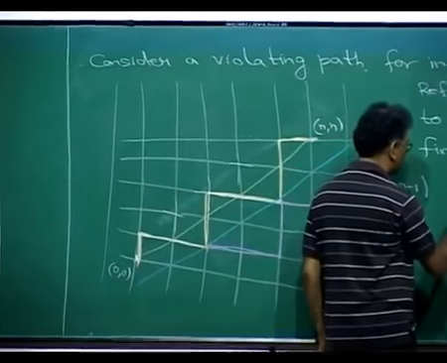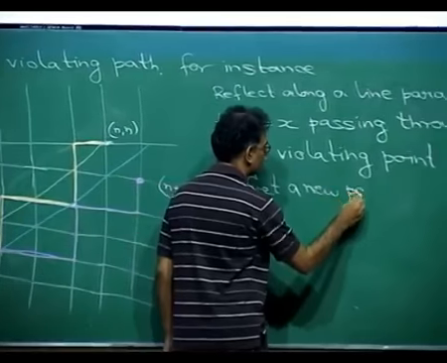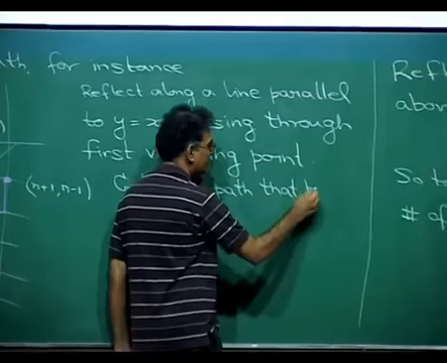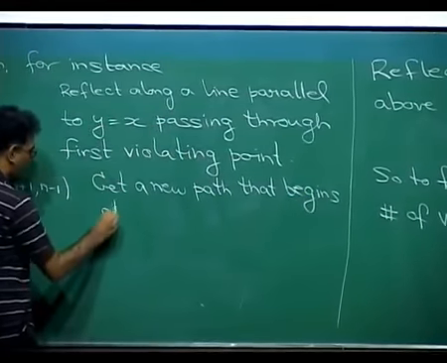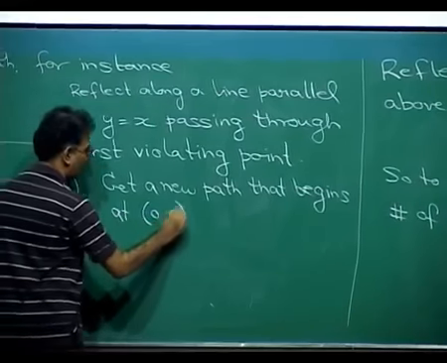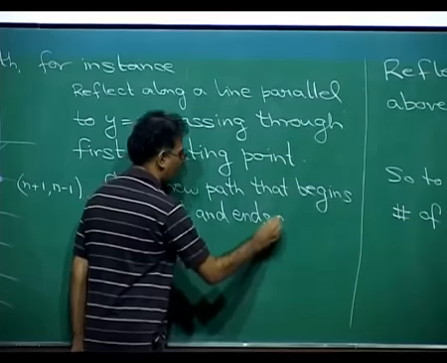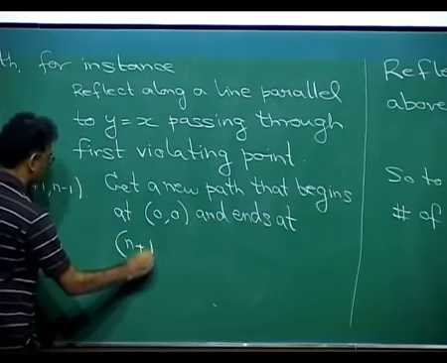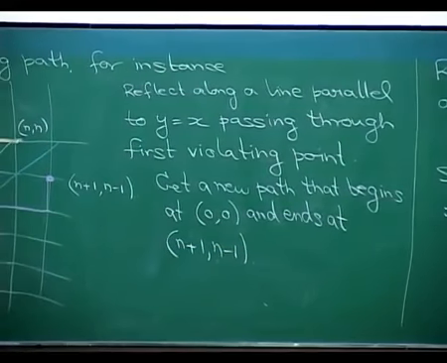So we get a new path that begins at 0, 0 and ends at n plus 1, n minus 1. Okay, good. So we have this new path.